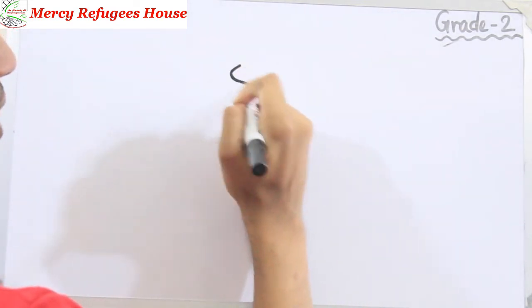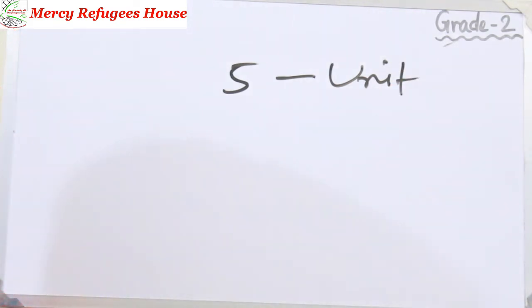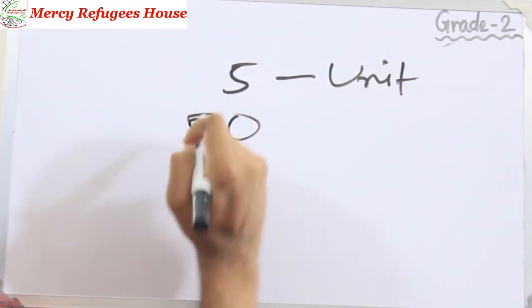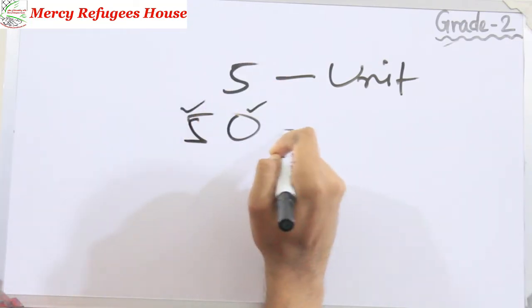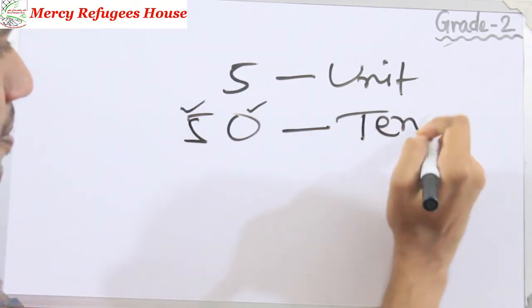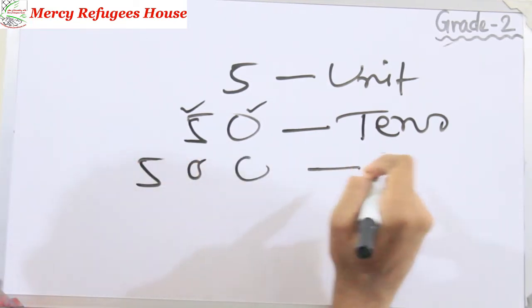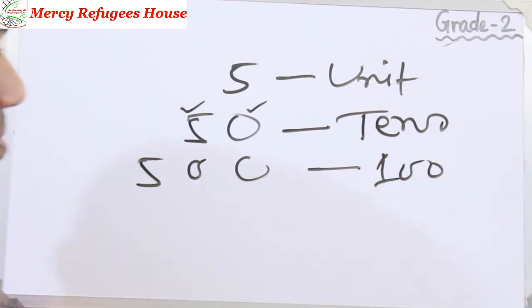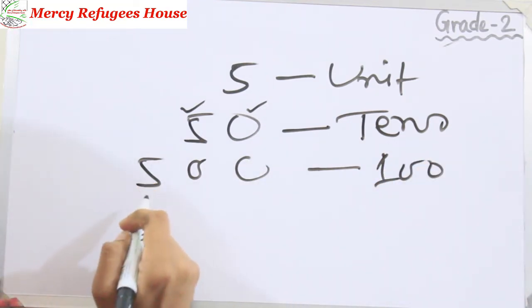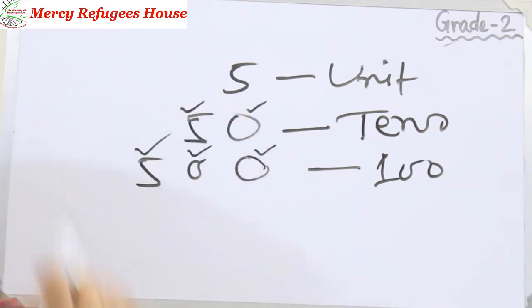If we have one digit, it is a unit number. If there are 2 digits, one is unit, another one is tens. If we get 3 digits, it is hundreds, right? This one is unit, this one is ten, and this one is hundred.